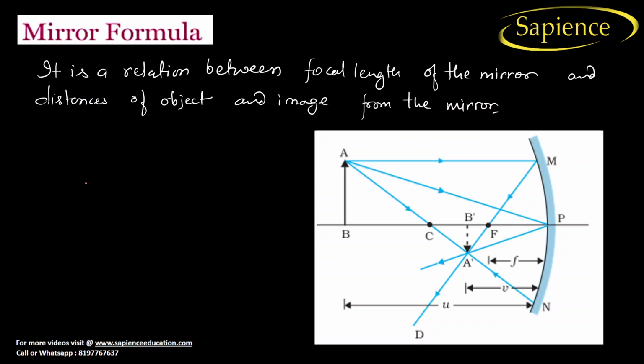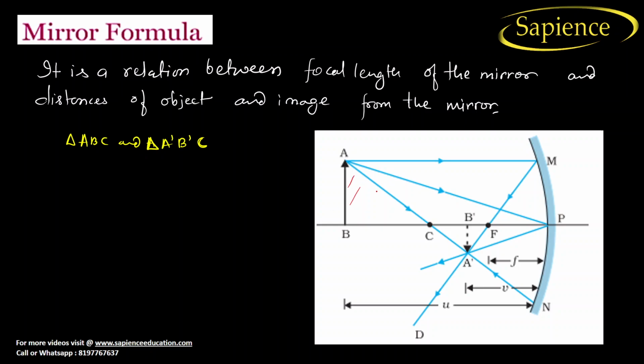Here, let us see triangle ABC and triangle A dash B dash C. Which triangles are we talking about?